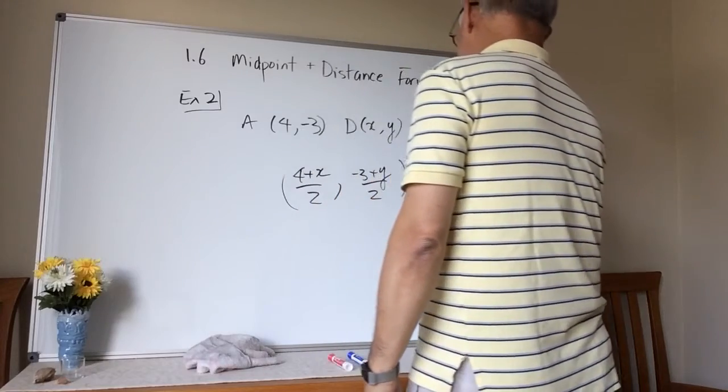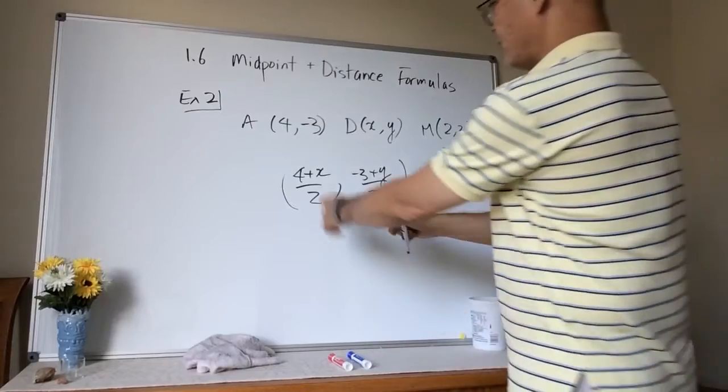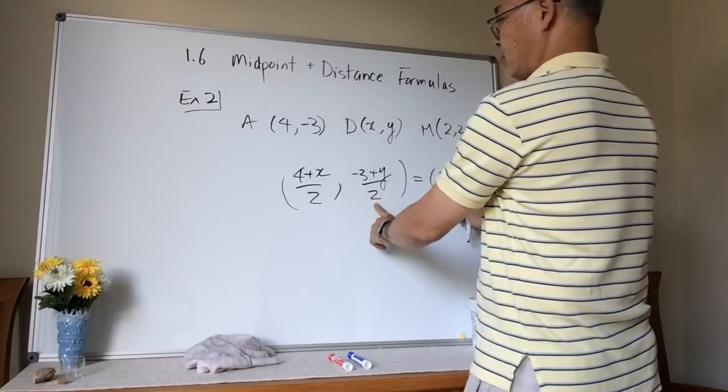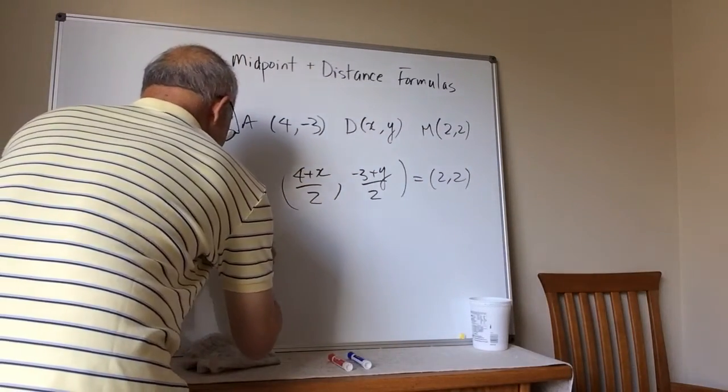And this has to be (2, 2). So in other words, I have 4 plus x divided by 2 is equal to 2.